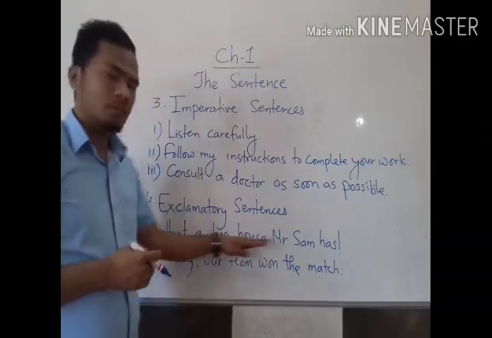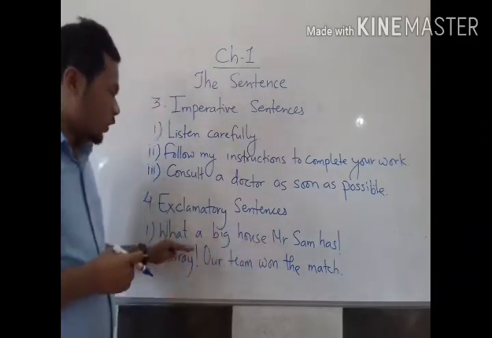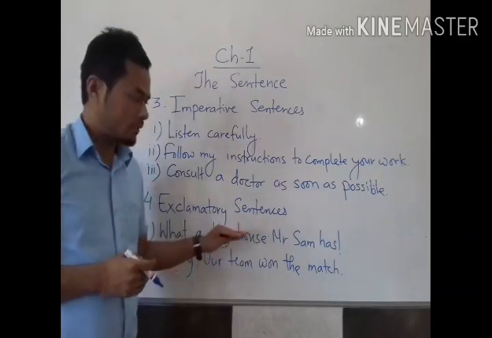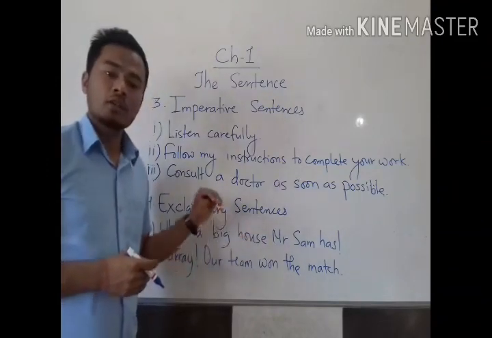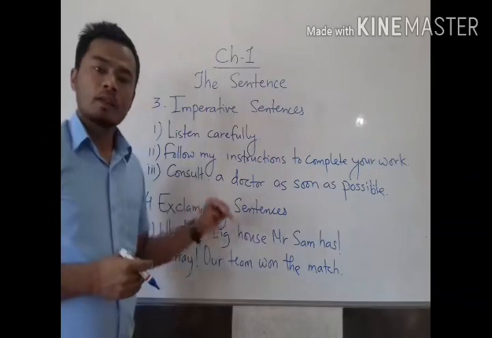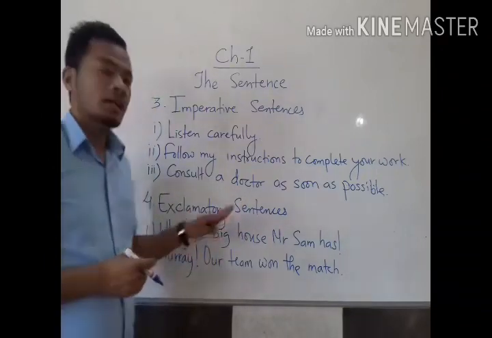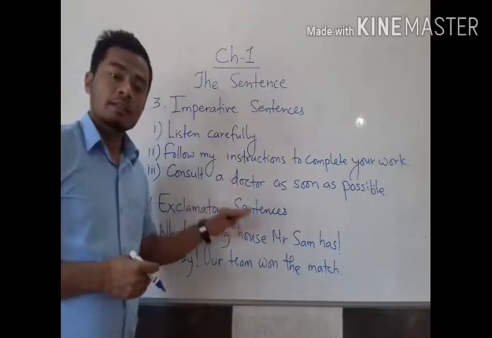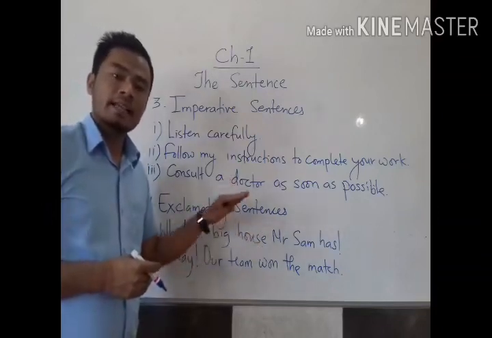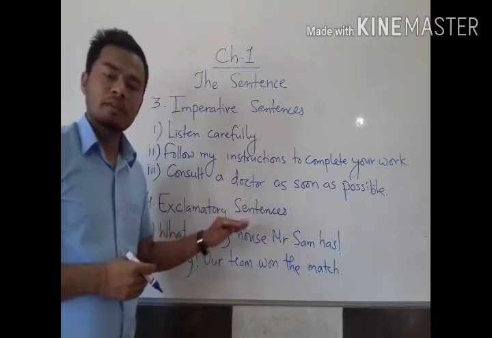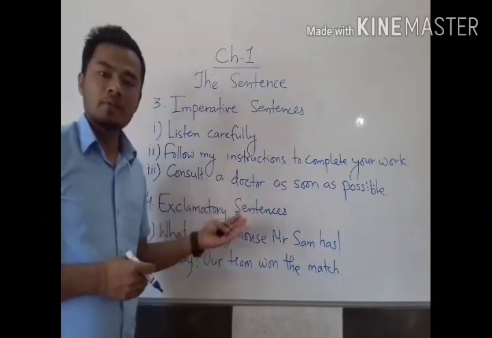But here I have given some examples. See here, what a big house Mr. Sam has. So whenever we make exclamatory sentences by using WH words, that exclamatory sentence ends with a verb. That verb may be the helping verb or the main verb also.